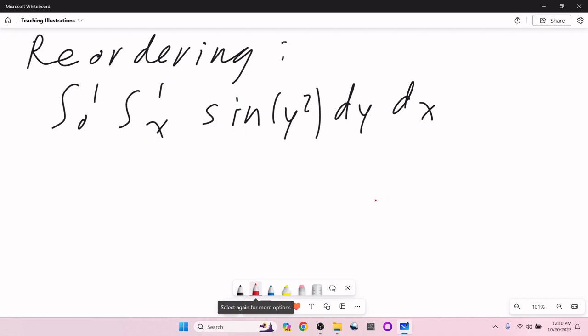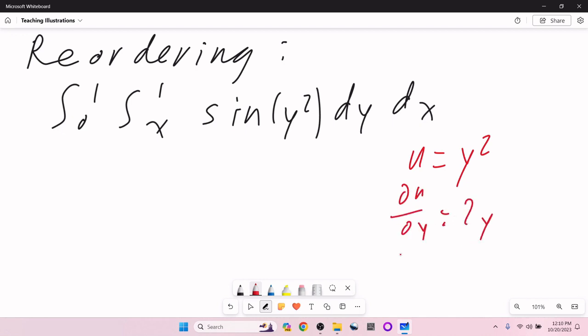Now, I look at this and I think, I don't think I can do this problem. I see this y squared in the sine. I'll try a u sub. u equals y squared. Then du over dy is 2y, so I can say du is 2y dy.